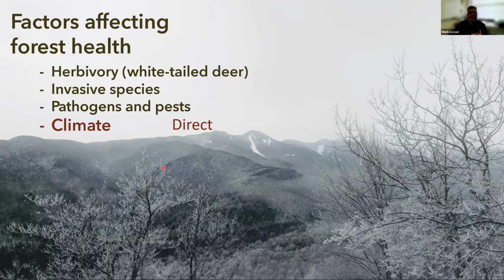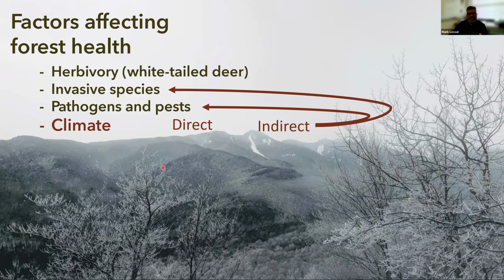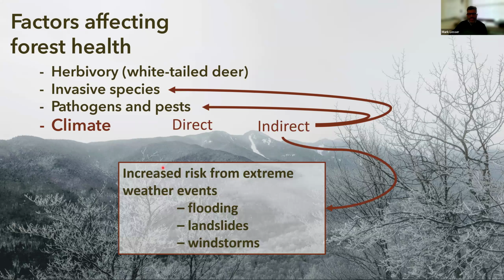And even if it's not so much a direct issue in a lot of our tree species, the indirect effects that climate is having, allowing or providing the conditions for invasive species and pathogens and pests to move in and affect our forests, is by all means a major concern. Other indirect effects of climate are increased risk from extreme weather events.